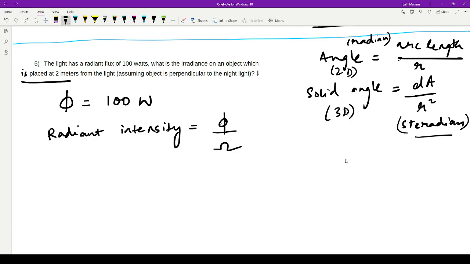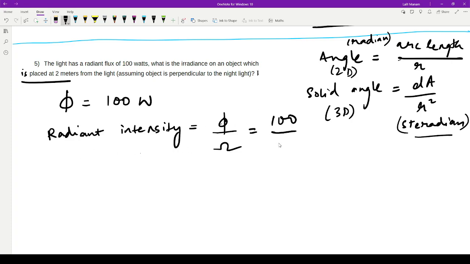What's the maximum angle? 0 to 360, or in radians? 0 to 2 pi. So in solid angle, how do you get it? It's 4 pi. So if you integrate this over the whole sphere, then you get 4 pi. You can just try it out. It's already given in the lectures, so I can just take that as well.